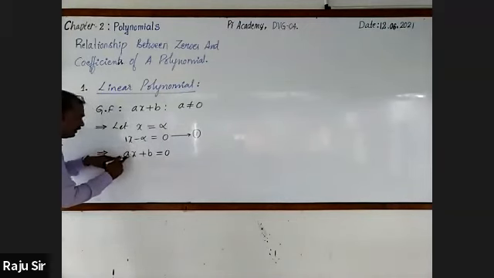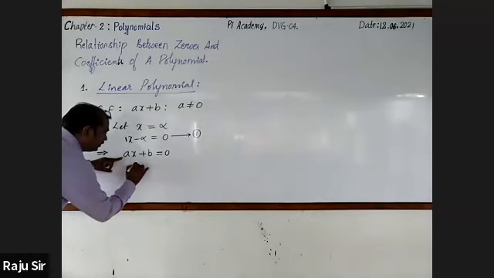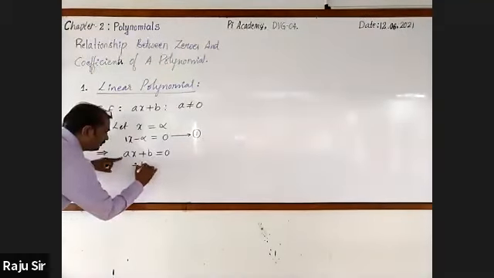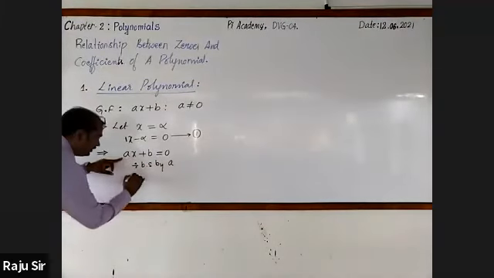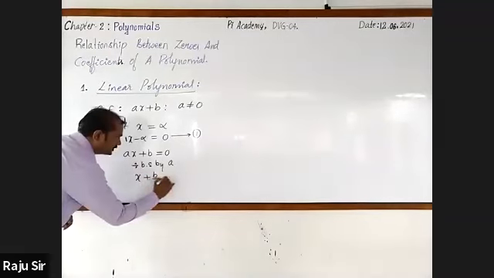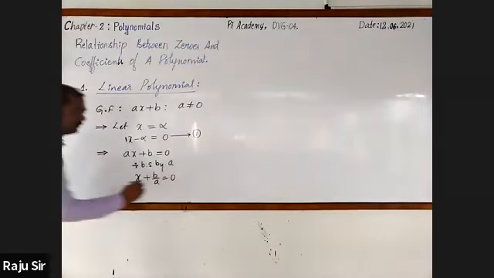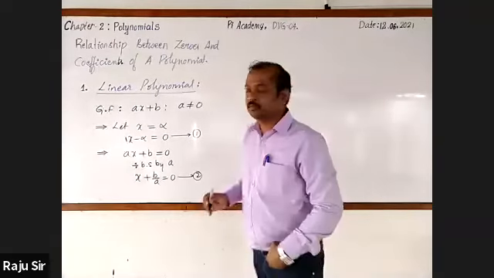That is why, to get coefficient 1, a should be removed. To remove that, I go for dividing both sides by a. Then a by a is x. Then b by a is equal to 0. Call it equation 2.